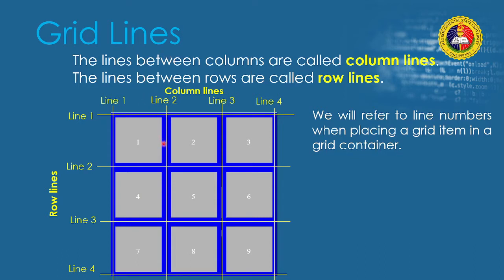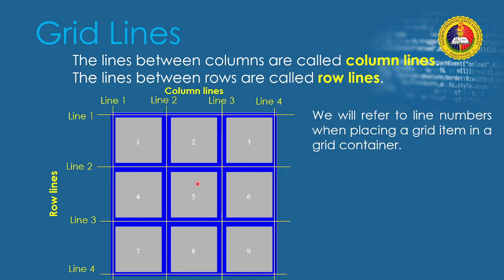This is how we determine the placement of a grid item. So for example, where does 5 belong? It is on line 2. So for example, we are trying to locate grid item number 5. It is located in column line 2, and then in row line 2.